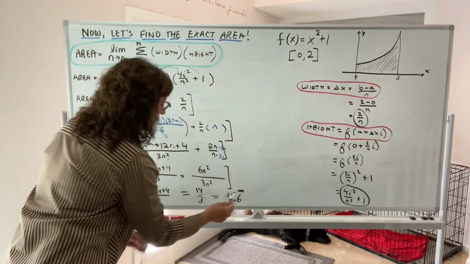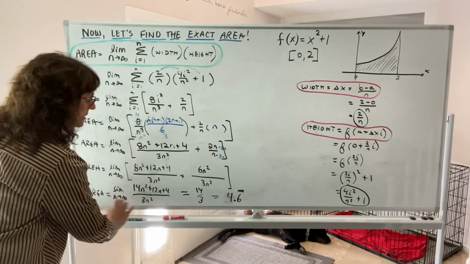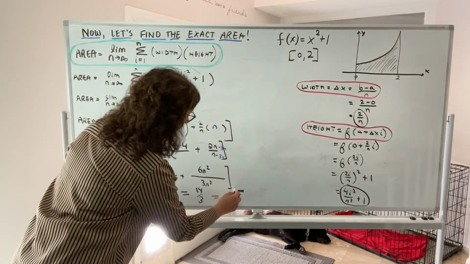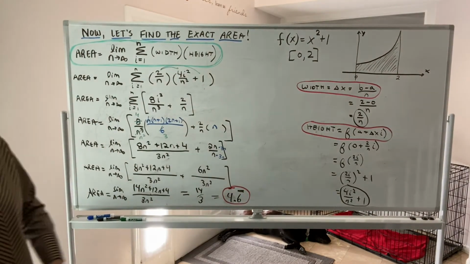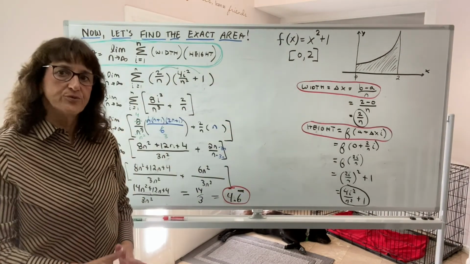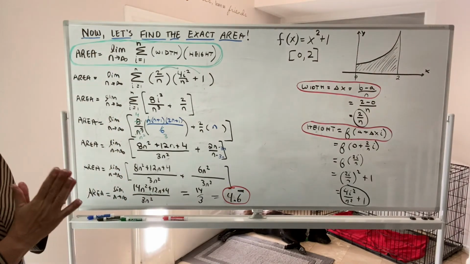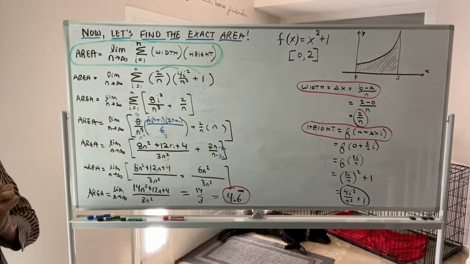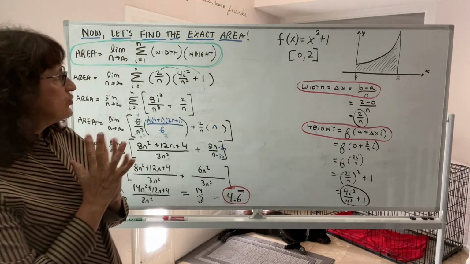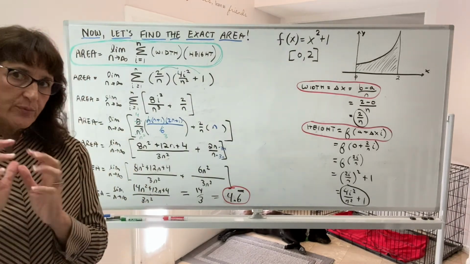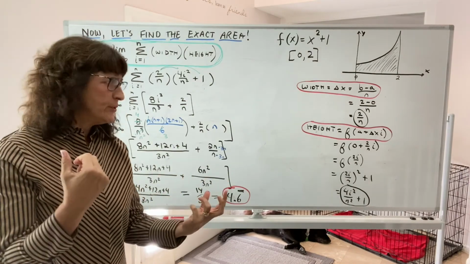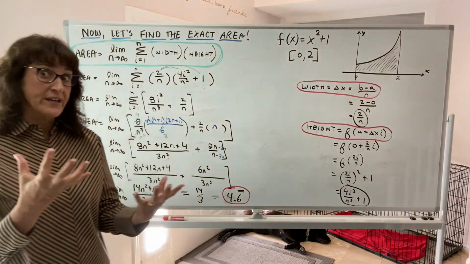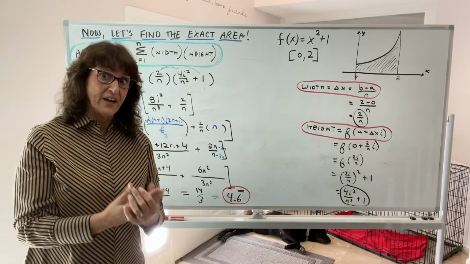So this is what we came out with. 14 thirds or 4.6 repeating, and that is the exact area under the curve, that region right there. On the other side of the board, we got the lower sum of 3.75 and the upper sum of 5.75, so we know the exact area is more than 3.75 and less than 5.75.